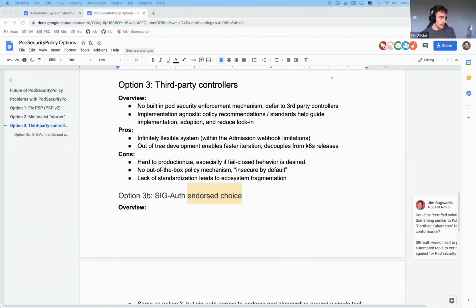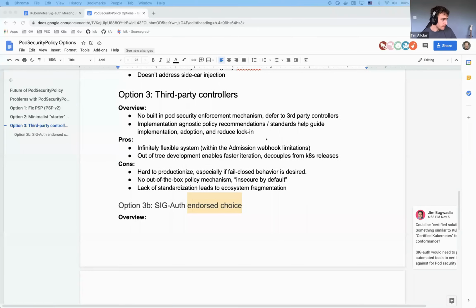The third option is, we're not going to own this as a core feature of Kubernetes. Instead, we provide admission webhooks, and there's a good, rich ecosystem of third-party policy controllers that are solving this problem in various ways. And you could even write your own pod security policy webhook if you desire.